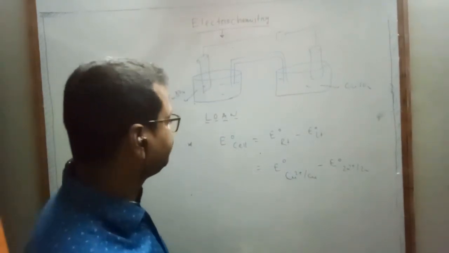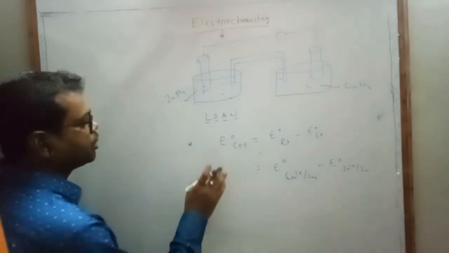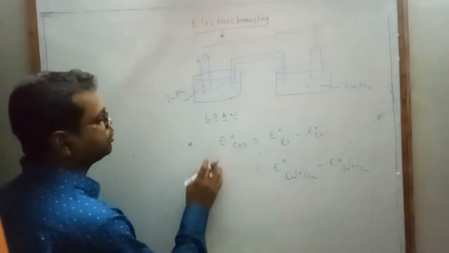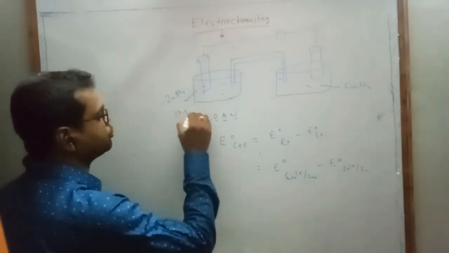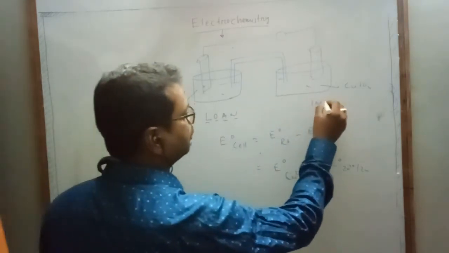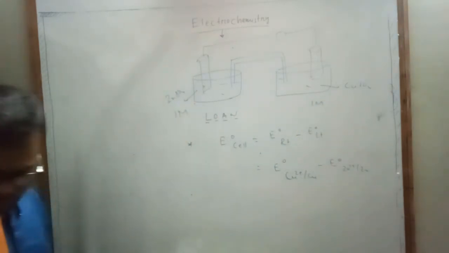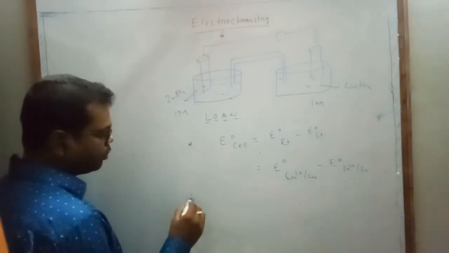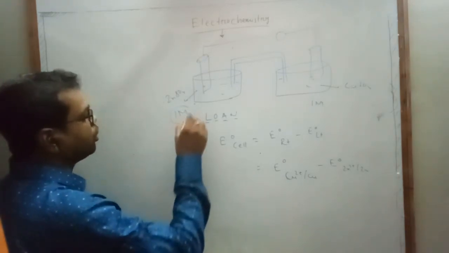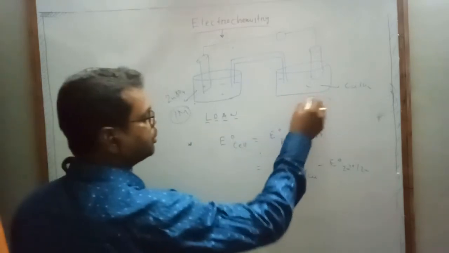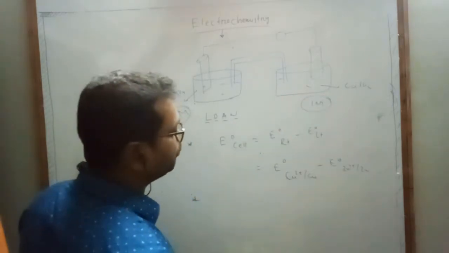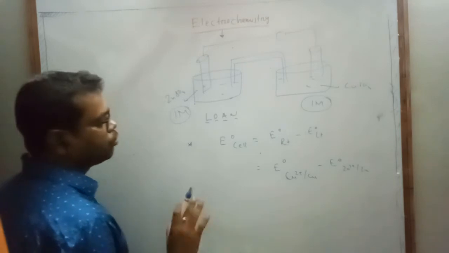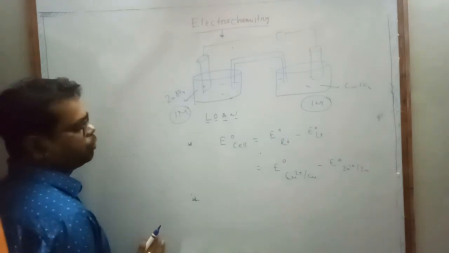Now this is at standard state. At 298 Kelvin, we have taken 1 molar of this one, and 1 molar of this one. Now, if I don't take 1 molar, instead I take 2 molar or 1.5 molar, 1.3 molar, 1 molar cannot be maintained always.